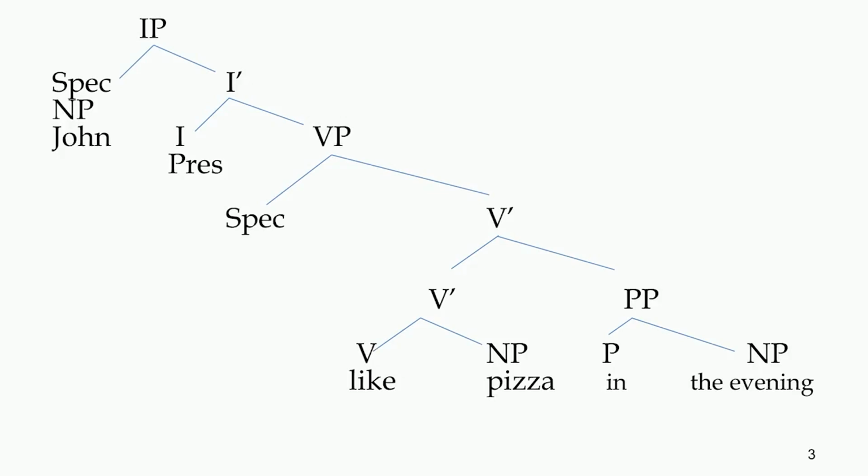In the evening is a postpositional phrase which is an example of an adjunct which is there to provide some additional information about the predicate, about the verb. Okay. We see the representation of these elements in this structure in the sense that the notion that subject is outside the predicate is beautifully captured by representation of elements in X bar theory, X bar structure, which is also known as phrase structure.